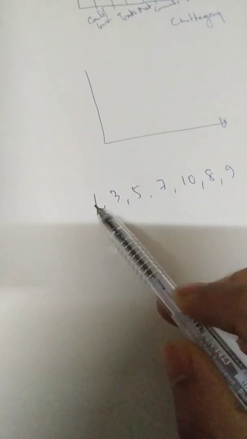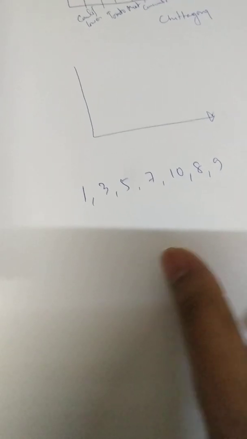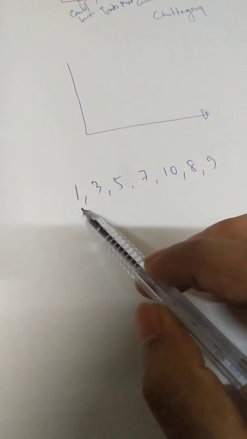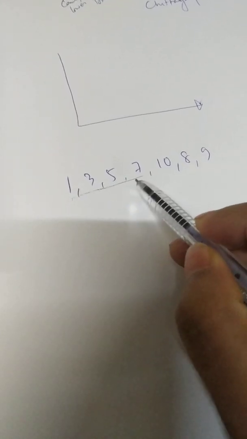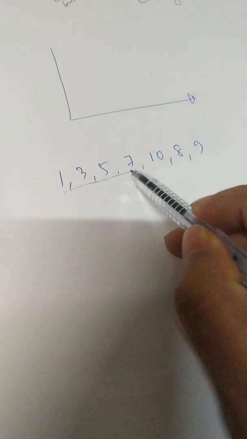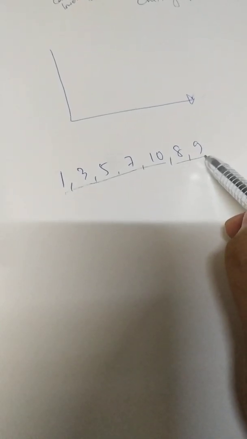Suppose these are the marks of different students in class 10. You can see that up till 10 it follows an ascending order, but then it does not follow any ascending order. So these marks are not following a specific order.